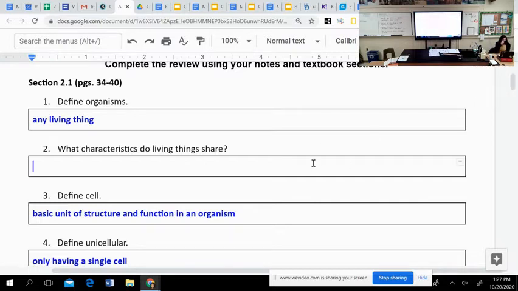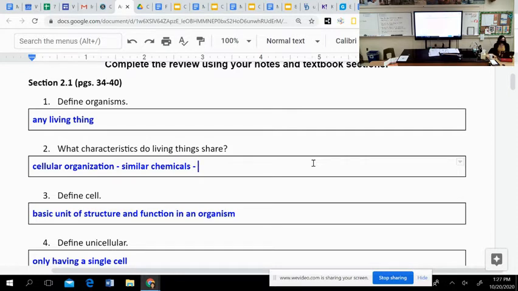Then, question 2, what characteristics do living things share? Neely, give me one. Cellular organization. What's another one? I think there's a total of 6. Somebody should have it. Similar chemicals.